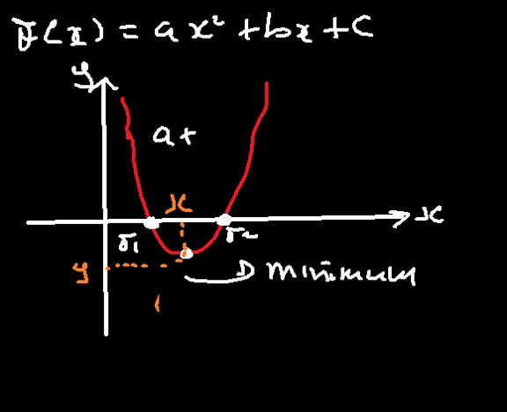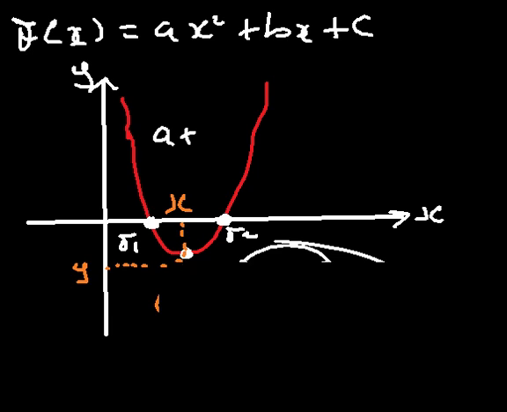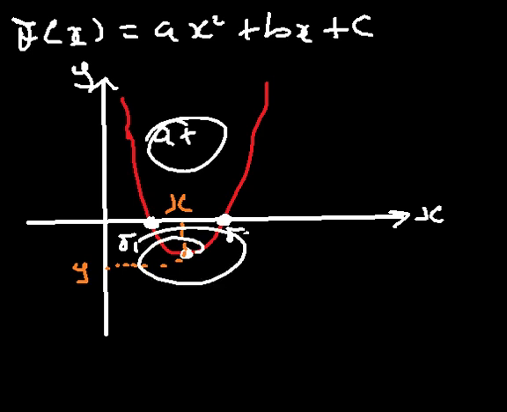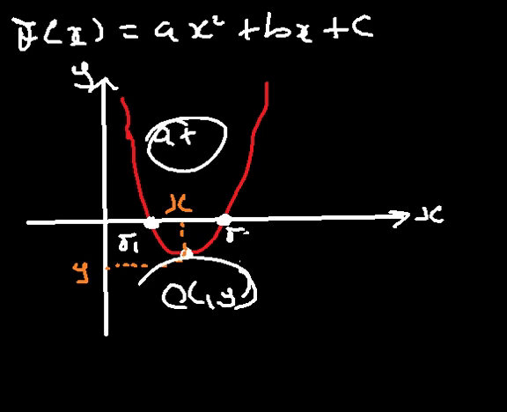Again, since the value of a is positive, the graph is concave upwards, and the turning point is the minimum point, and the y value at the turning point is the minimum value, and the turning point consists of two coordinates given as (x, y). Have that in mind.